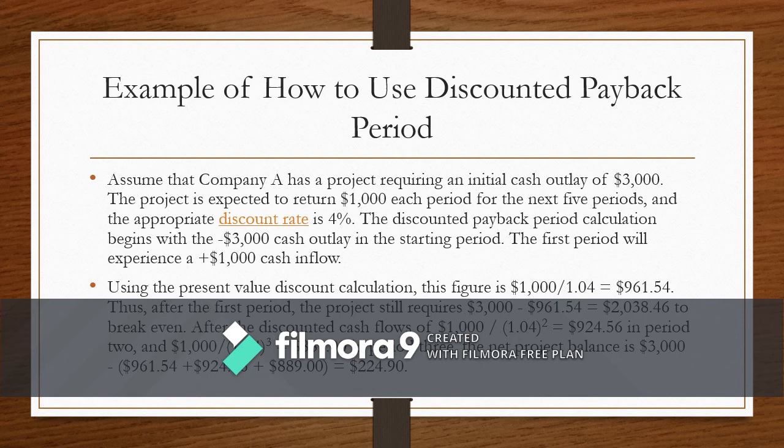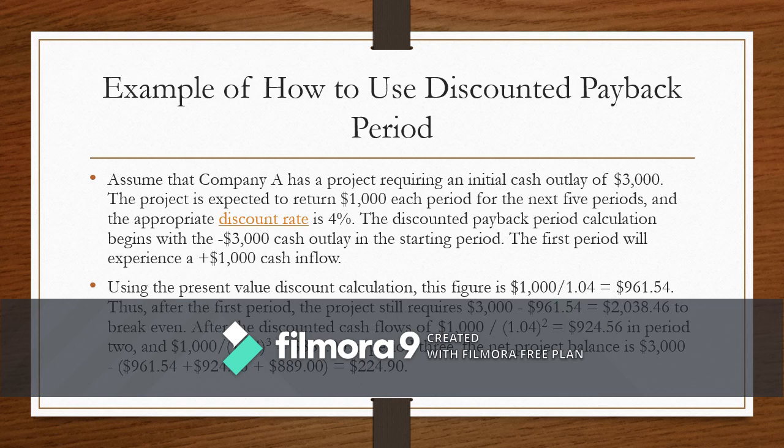equal to 961.54. Thus, after the first period, the project still requires 3000 minus 961.54 equal to 2038.46 to break even. After this, discounted cash flow of 1000 divided by 1.04 squared equal to 924.56 in period 2, and 1000 divided by 1.04 cubed equal to 889 in period 3.